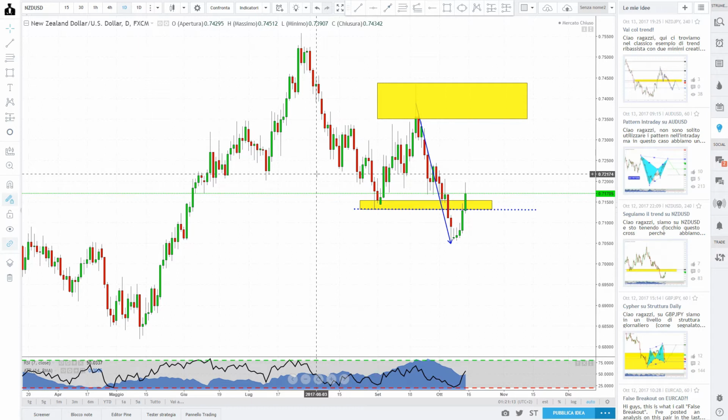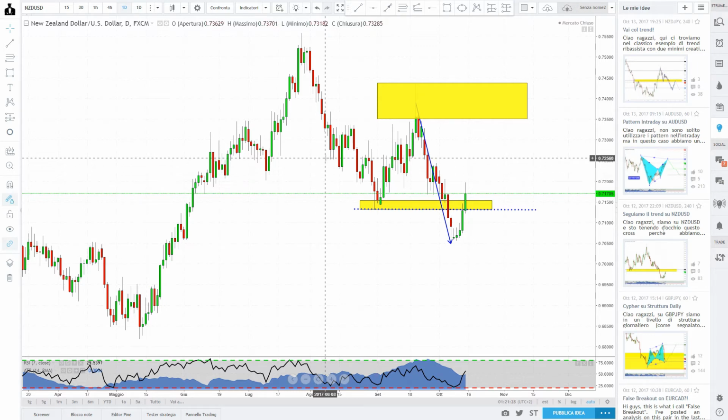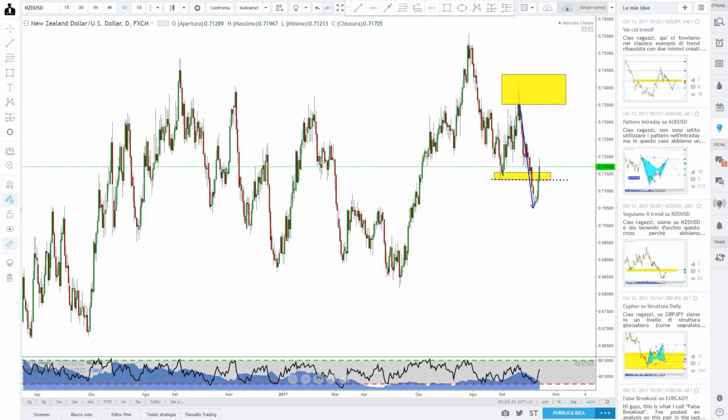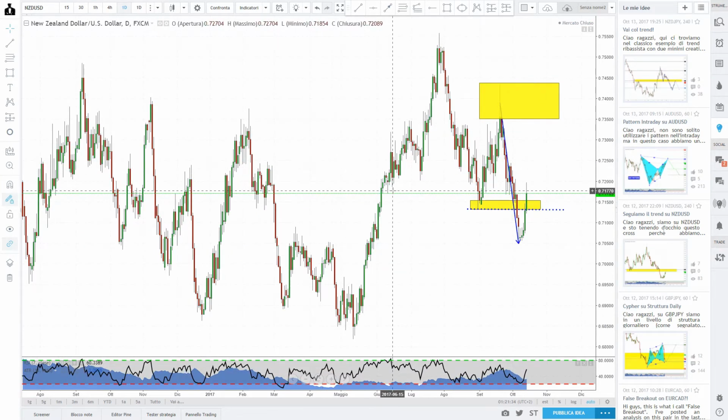So if you have an edge, if you have something to grab onto, you can make more accurate decisions. So in this case, I scroll my chart and I see there is a particular level that was tested multiple times and was respected multiple times, and that started from here.